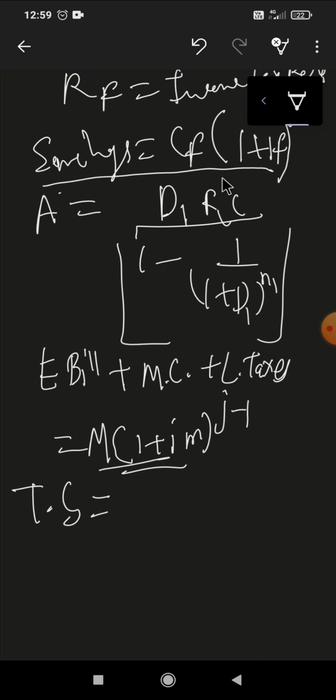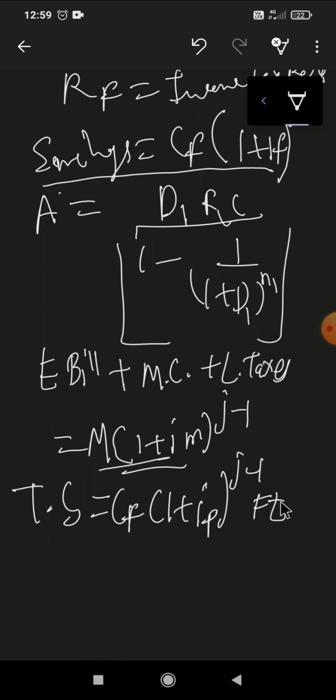So what will be our total savings now? The total savings will be equal to, how much savings we have made. Savings is CF into 1 plus IF raised to J minus 1 into F into E. So what is F into E?